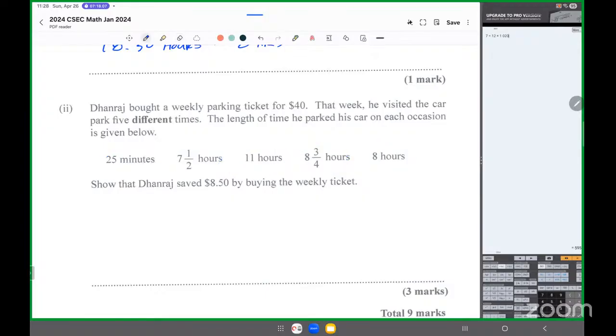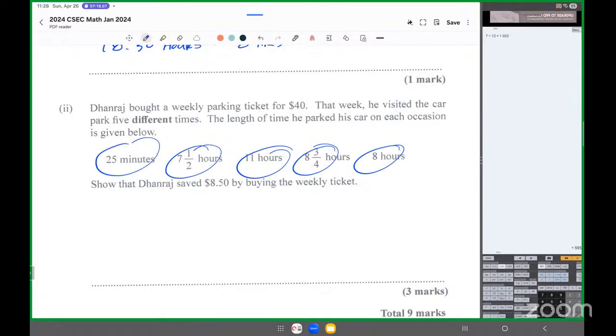It says, show that Dan Raj saved $8.50 by buying the weekly ticket. So what we need to do is work out the total amount he would have to pay if he parked these actual times and paid for parking those actual times. I'm going to work it out.